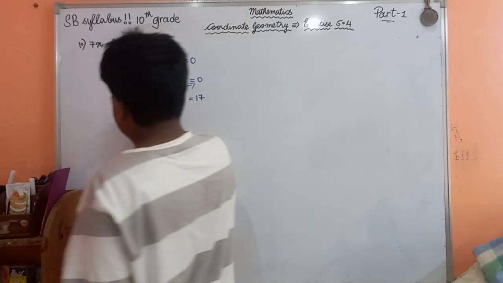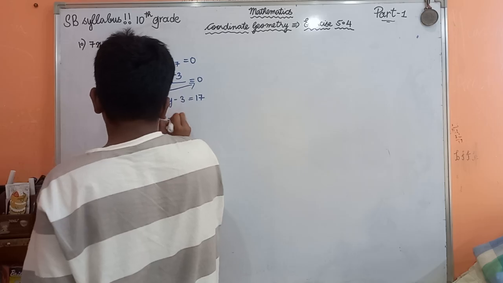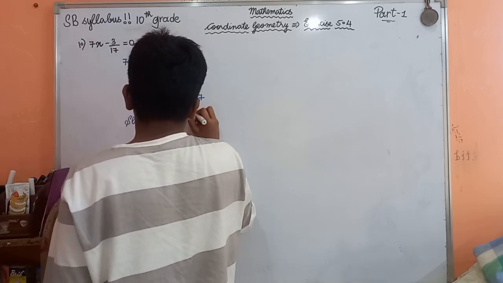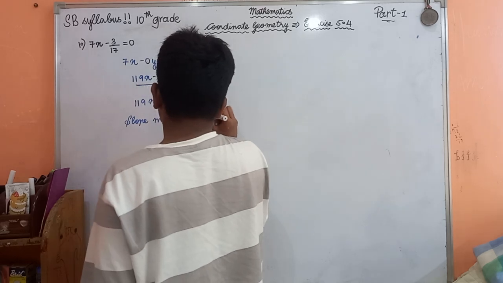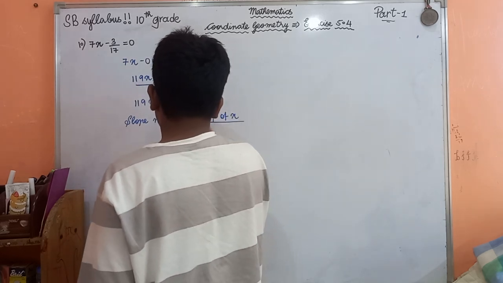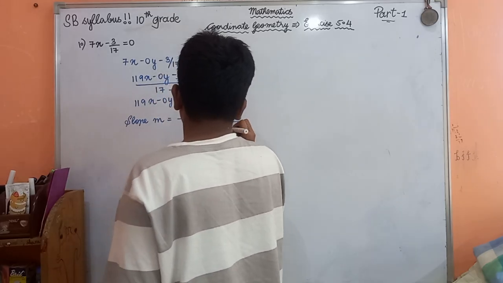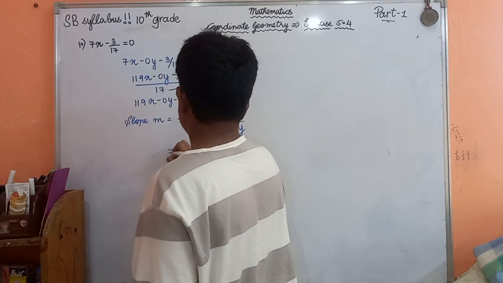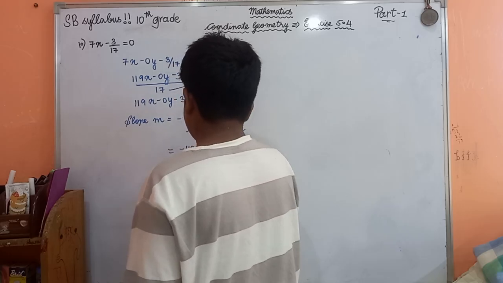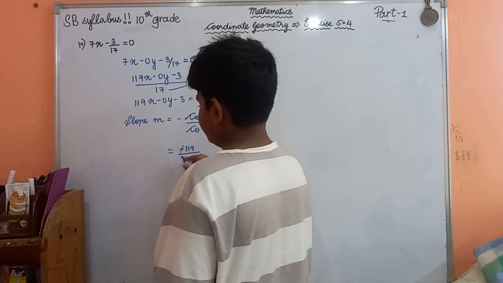So let's put the slope m is equal to minus coefficient of x by coefficient of y. The coefficient of x is 119 and the coefficient of y is 0.